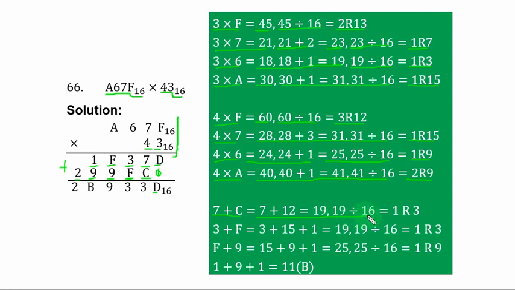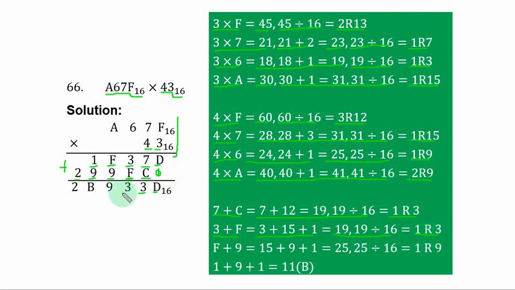Divide 19 by 16, 1 remainder 3. You record 3 and you take 1 forward to the third column, where you have 3 plus F, that is 3 plus 15, plus the 1 you carry forward, you have 19. Divide 19 by 16 is 1 remainder 3.